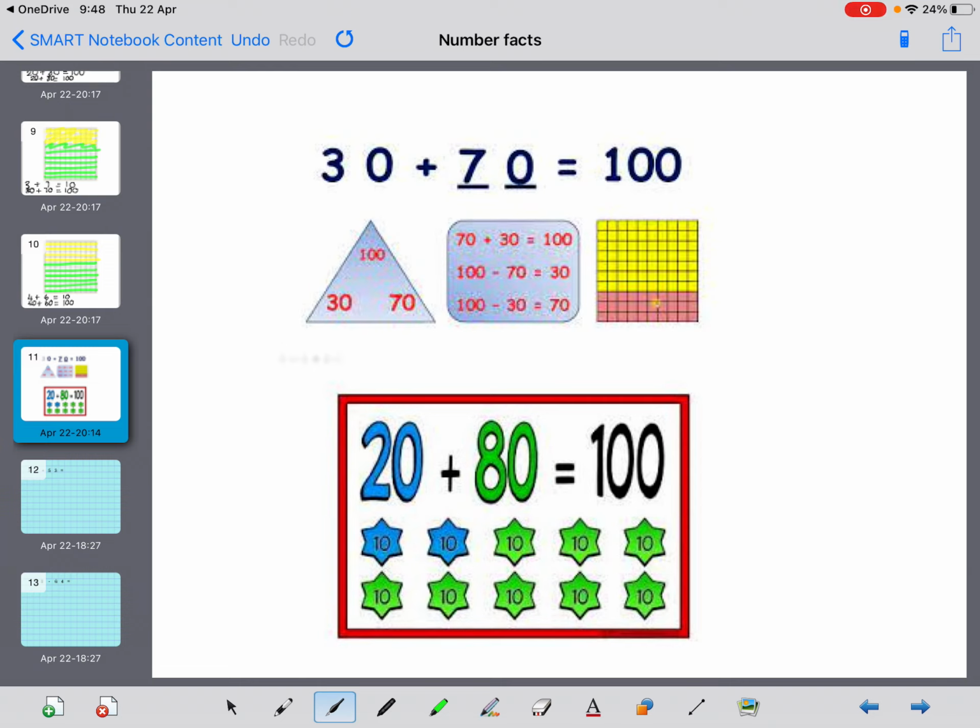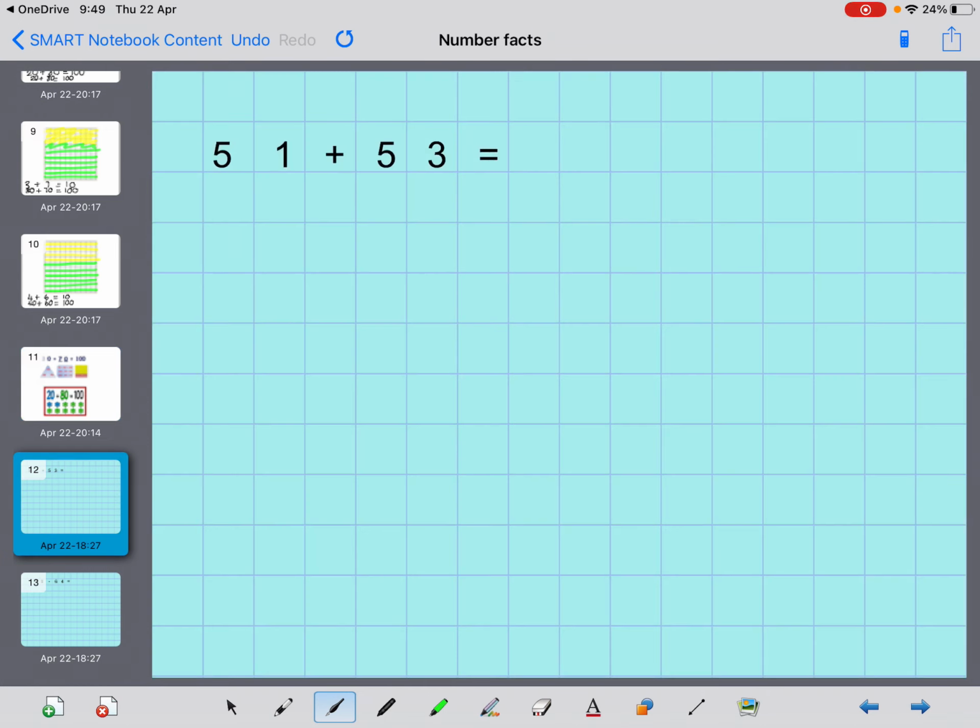You can just see here I've got some other examples of number bonds to 100 and how they're shown in different ways. Once I know my number bonds to 100, it will help me to predict or to estimate what my answer should be close to, and then it gives me another layer with my working out to be able to check through my knowledge.